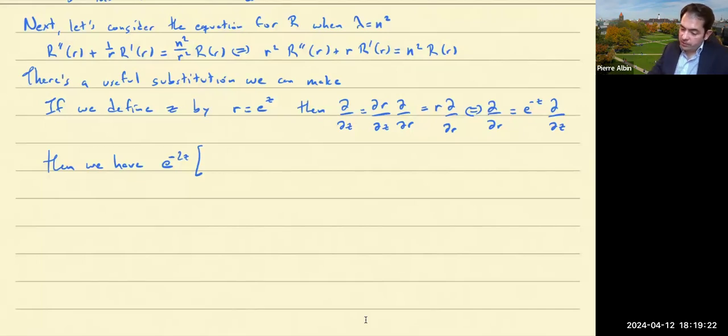So that's e to the minus z d by dz applied to e to the minus z d by dz applied to R. And then here I have r, so that's e to the z times the derivative with respect to r, which is e to the minus z times the derivative with respect to z.